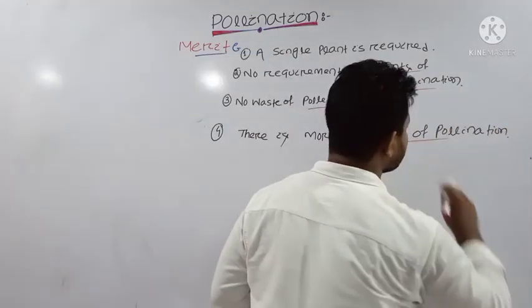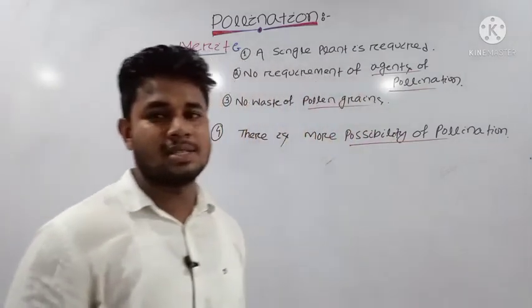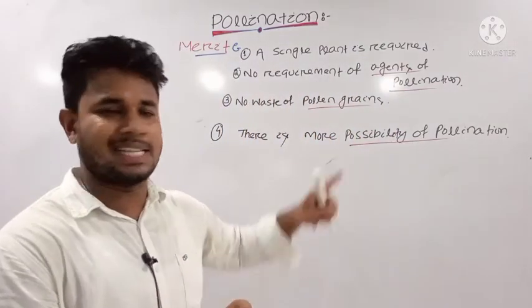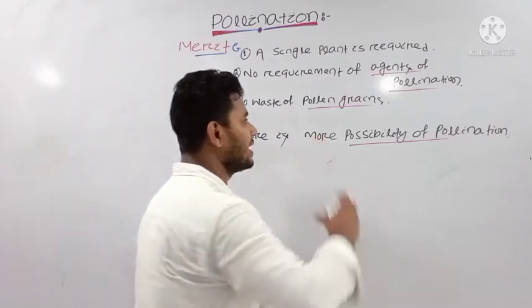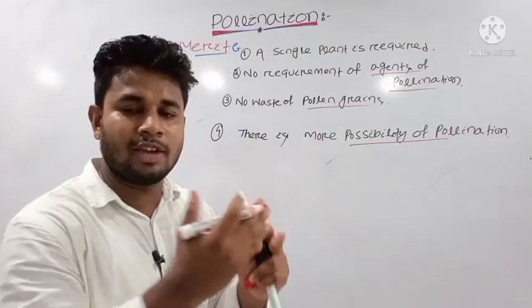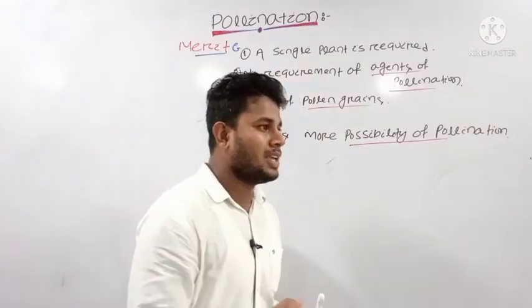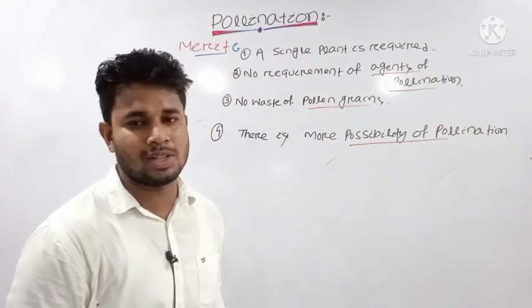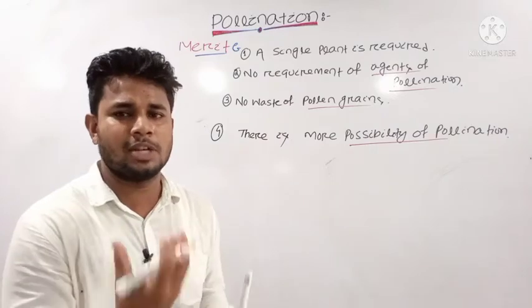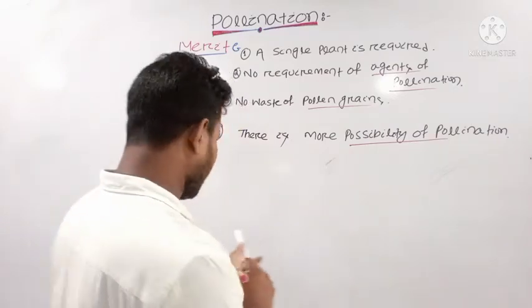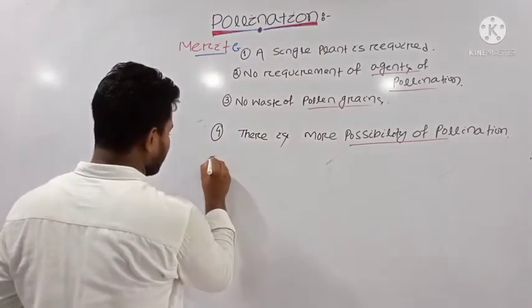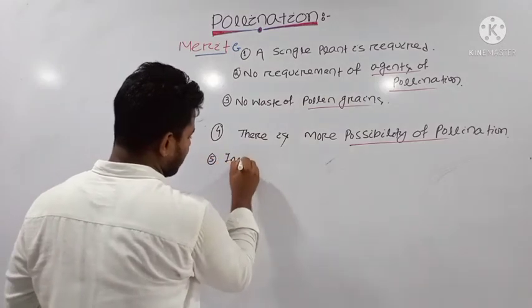Why is there more possibility of pollination here? As we know, in self pollination a single plant is involved, and more pollen grains will come from the anther and fall on the surface of the stigma. If all the pollen grains fall on the surface, obviously the possibility of pollination is maximum here.